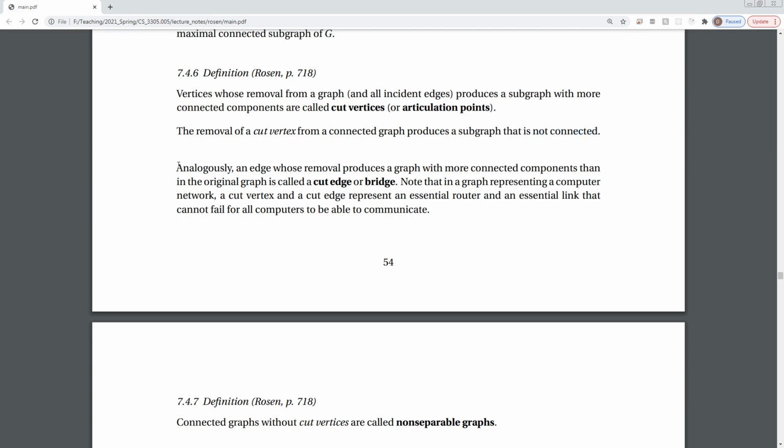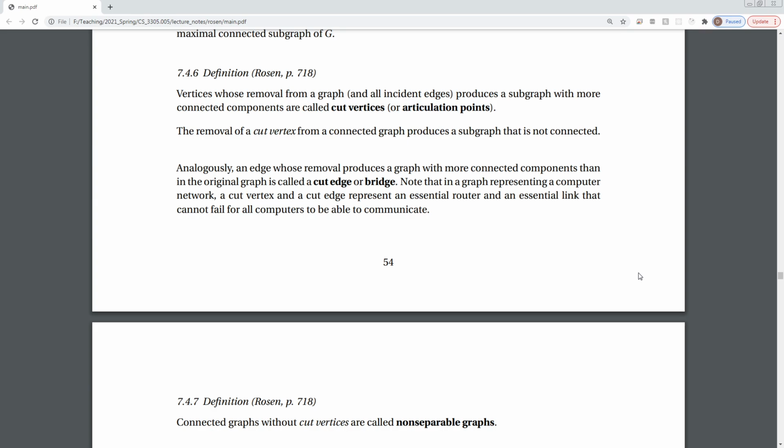Okay, so analogously, an edge whose removal produces a graph with more connected components than the original graph is called a cut edge or a bridge. Note that in a graph representing a computer network, a cut vertex and a cut edge represent an essential router and an essential link that cannot fail for all computers to be able to communicate.